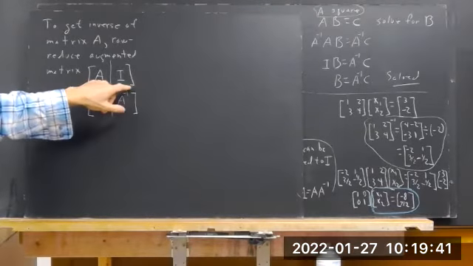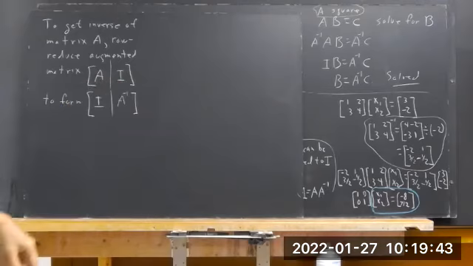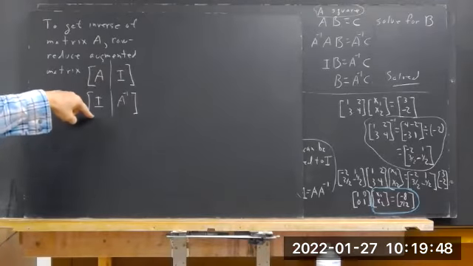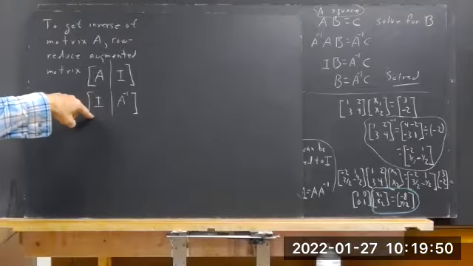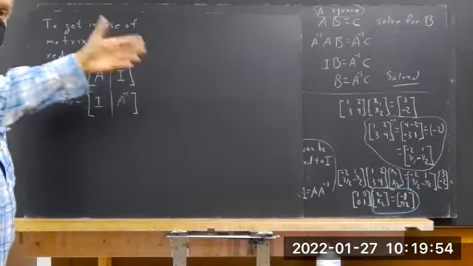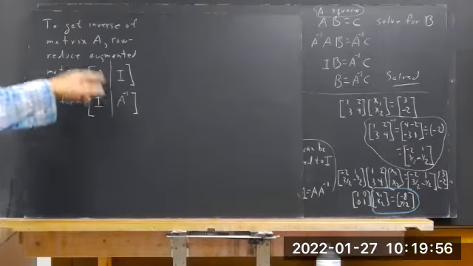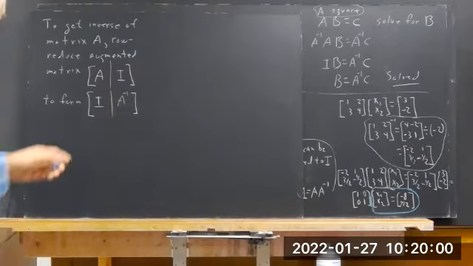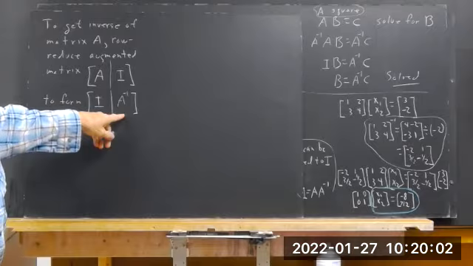Write the augmented matrix A, I, and you reduce that until A is reduced down to the identity. And of course, whatever you do to a row, you do to the whole row, including what you have in the identity matrix. And when you're done, you have the inverse.